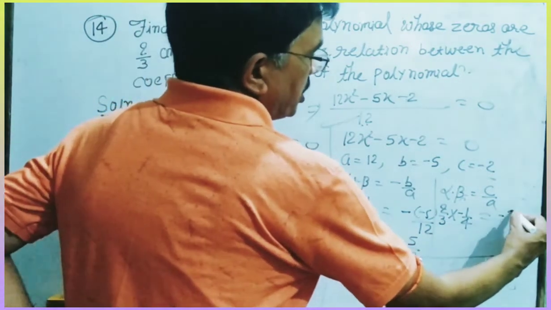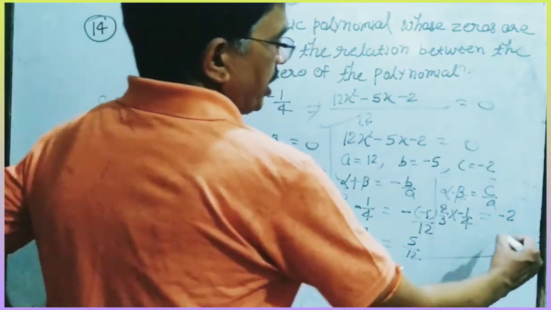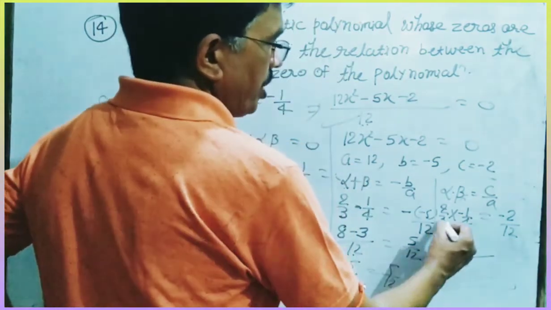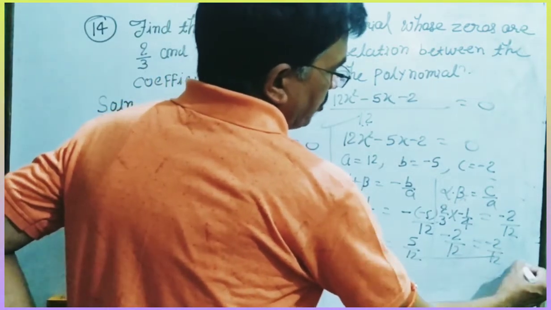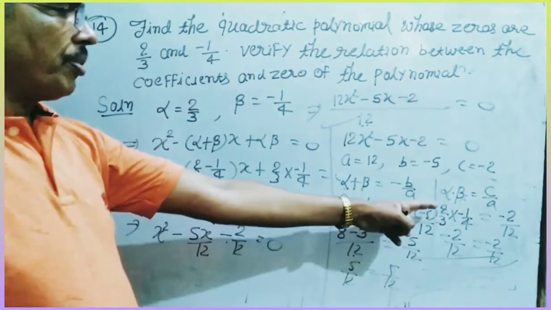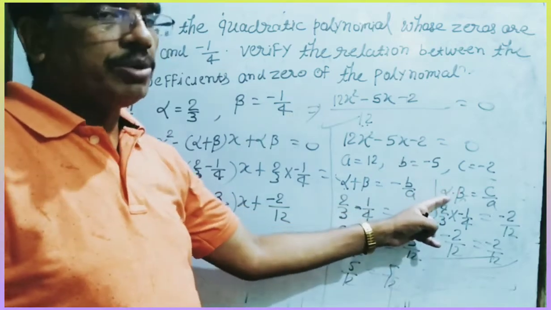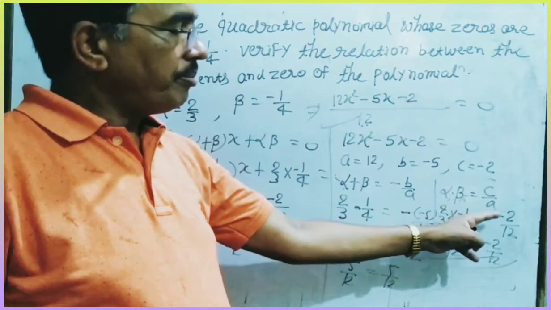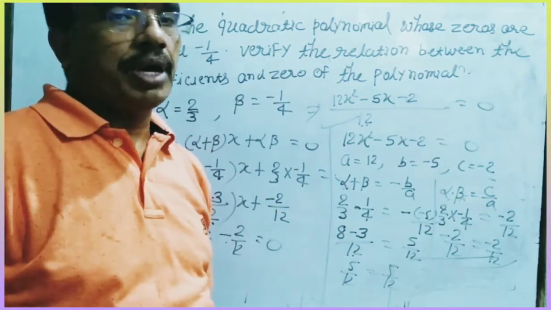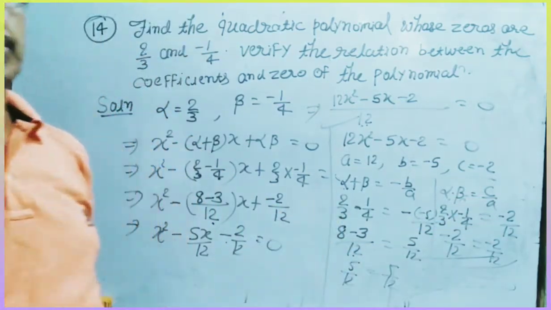It's equal to c, minus 2, by a, 12. When you multiply, then you also get minus 2 by 12. That means the product of the zeros is equal to the coefficient of the constant term by the coefficient of x square, and both are equal. So you solve like this.